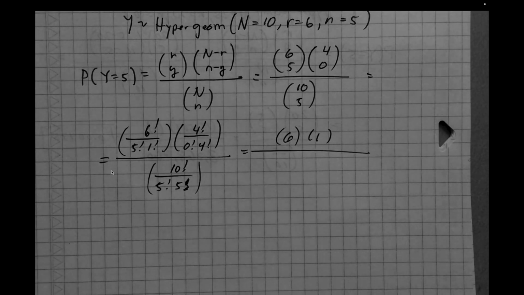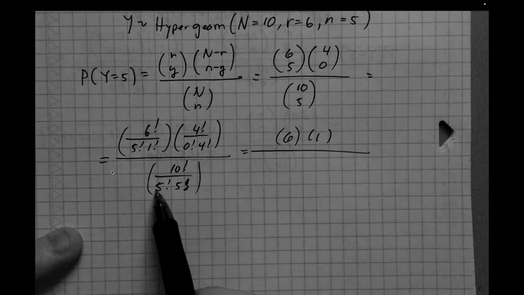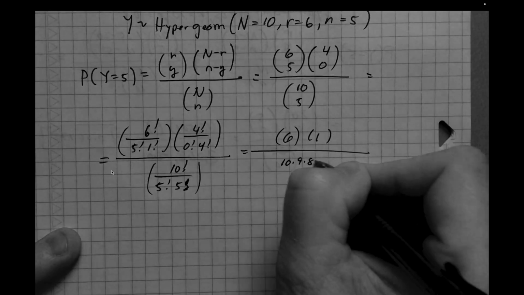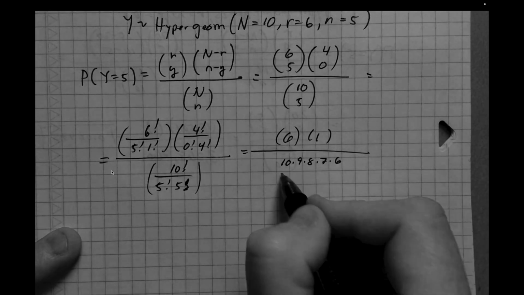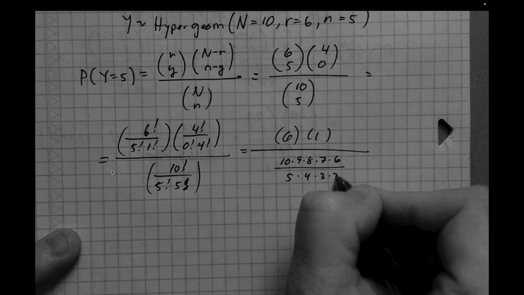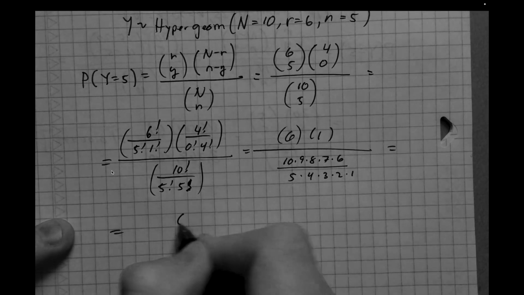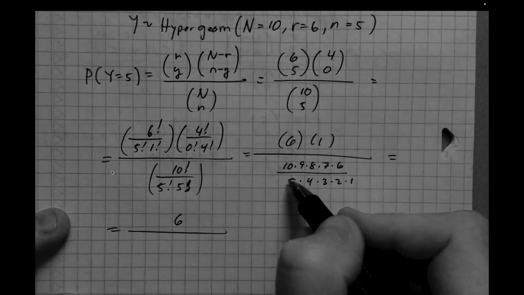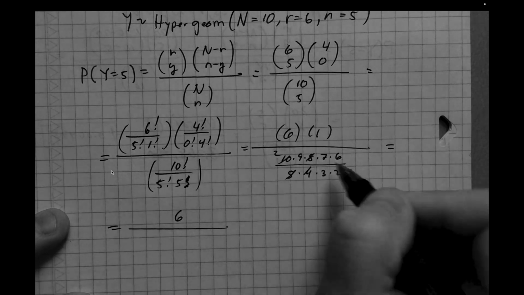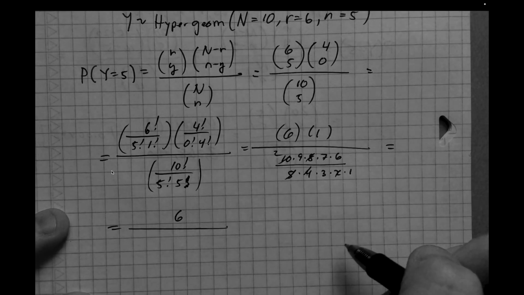What does my denominator look like? Well, I've got 10 factorial and a 5 factorial, those will cancel, so I've really got 10 times 9 times 8 times 7 times 6, over this other 5 factorial, so 5 times 4 times 3 times 2 times 1. On the top I have 6, and on the bottom I can cancel some of these away. The 4 and the 8, and the 2 cancel away. 2 times 4 is 8, that cancels the 8.